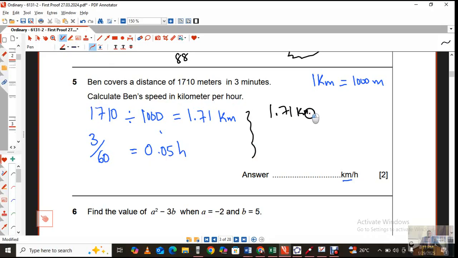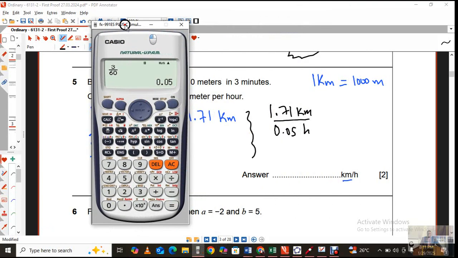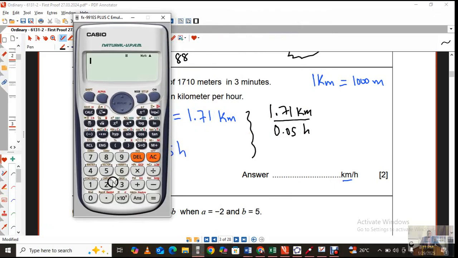You don't have to write the units, but I'm just writing it. Divided, that per means divided. What is the hour now? It's 0.05. You can put H there. And you simply use your calculator and then you find out what that answer is. That is going to be 1.71, and I'm going to divide that by 0.05.